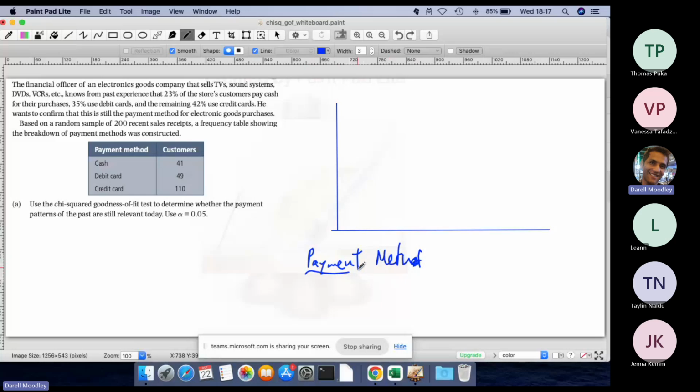And it can take on 3 values. It can take on cash, people that pay by cash, which is reduced these days because most of us pay by card. So you can either pay by cash, you can pay by debit card, and credit card. No, let's just leave it at 2 for now.